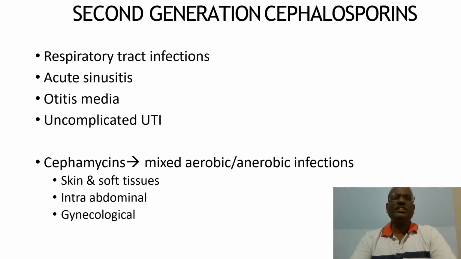The second generation cephalosporins are used for respiratory tract infections, acute sinusitis, otitis media, and uncomplicated urinary tract infections. Especially the cephamycins are used for skin and soft tissue infections, intra-abdominal infections, and gynecological infections.